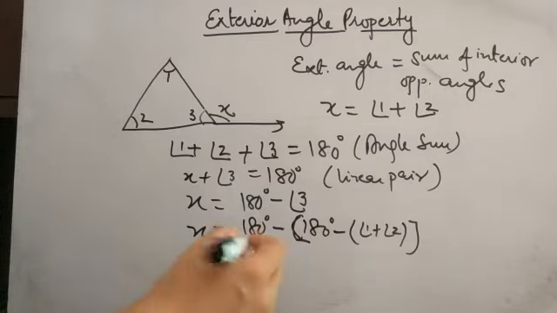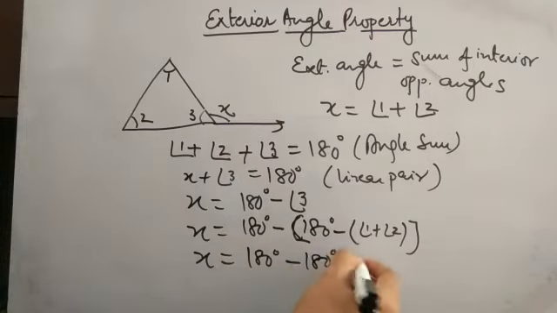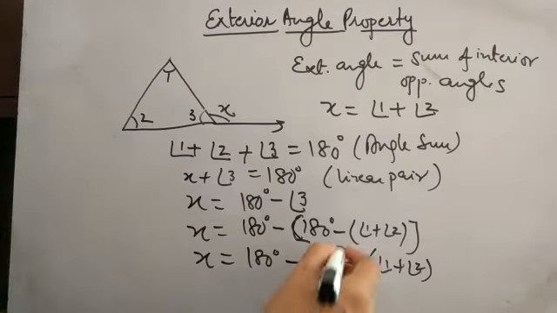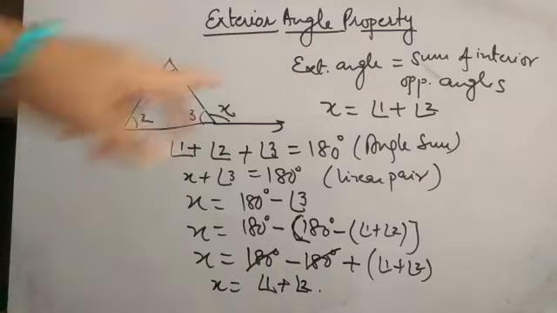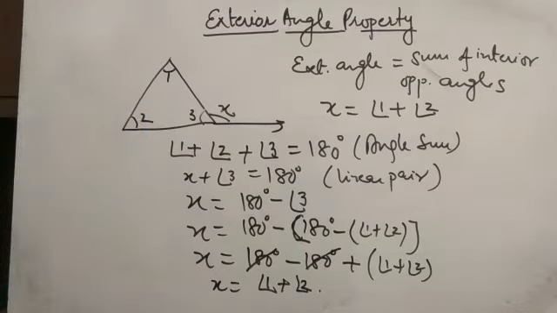So x is equal to 180 minus 180 plus angle 1 plus angle 2. Now the 180s will cancel, so x will be equal to angle 1 plus angle 2. This is how we prove that the exterior angle is equal to the sum of the interior opposite angles.